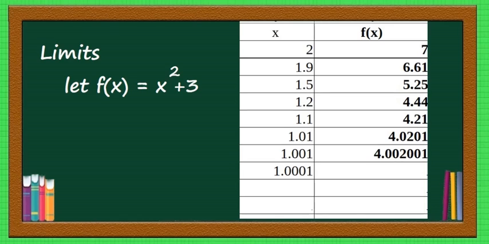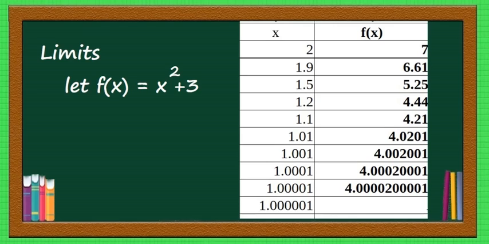As x gets closer, such as 1.0001 and 1.00001, f of x gets closer and closer to 4. I have taken these values, and just observe, I have taken the values of x in such a way that x is approaching 1.